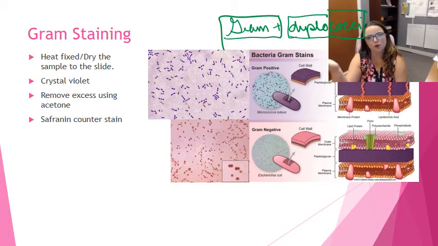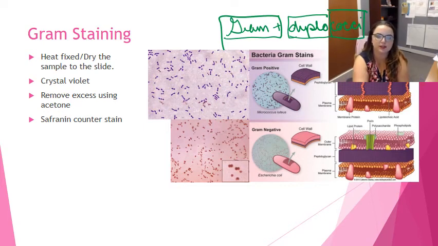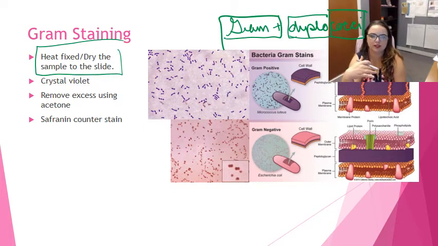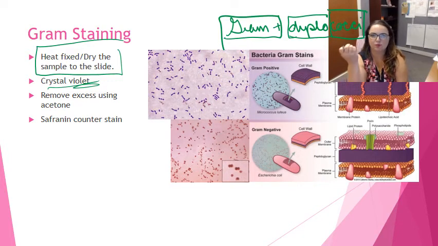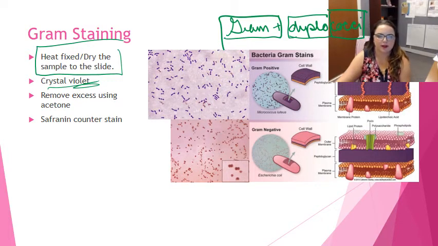You're going to take your patient sample, heat fix it or otherwise dry it to a slide. You're then going to stain the slide with crystal violet, which is this really bright purple, beautiful stain that is precipitated with iodine.